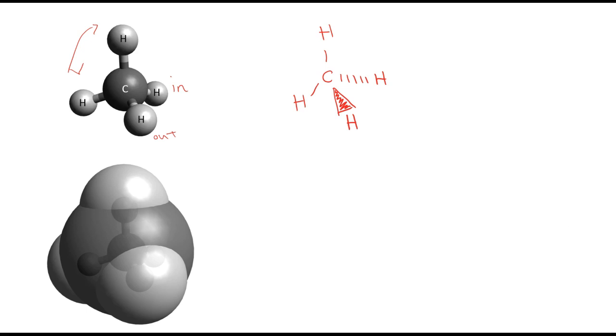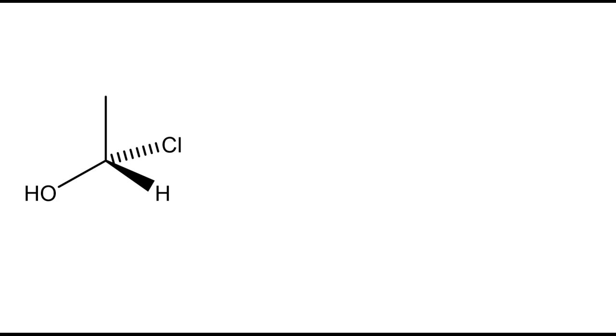Let's look at a simple example here. We have one central carbon that has 4 different things bonded to it: a methyl group, an OH or hydroxide group, a hydrogen, and a chlorine. This dash and wedge representation shows us that the methyl group and the hydroxide group are in the same plane of the page.